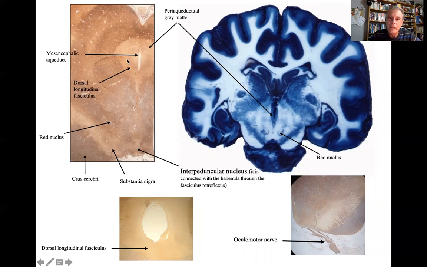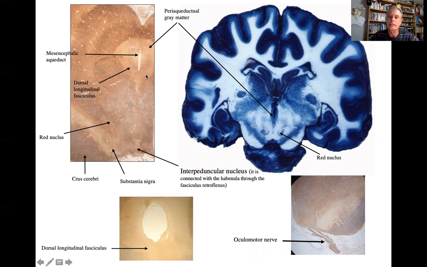Then, the ventral portion of the periaqueductal gray matter is going to form the dorsal longitudinal fasciculus. This fasciculus is going to extend ventral to the fourth ventricle and down caudally up to the spinal cord in the cervical segments at the level of the dorsal gray commissure.